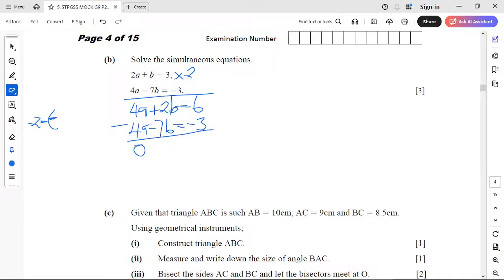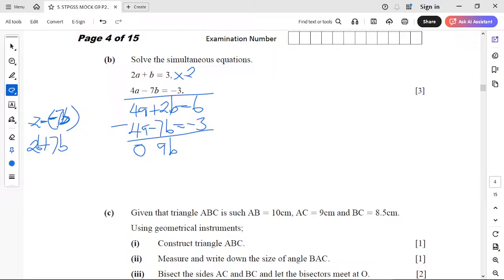Negative times negative 7 will give us positive 7. Remember, these are variables b. Then 2b plus 7b will give us 9b.